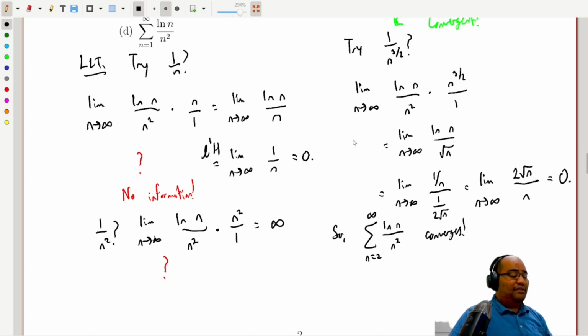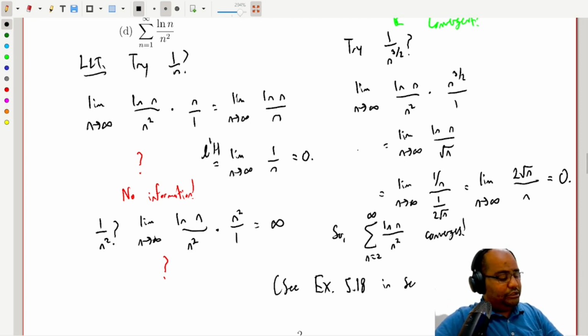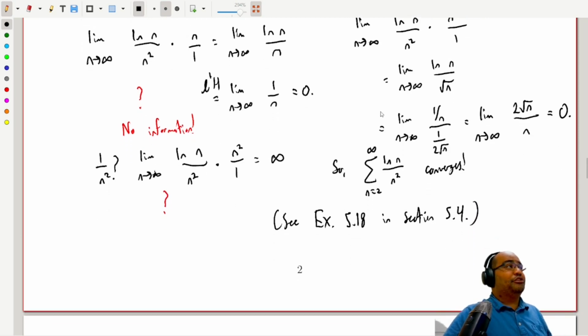This one is actually worked out in the textbook. This is example, let's see, in my notes here, example 5.18 in section 5.4. This is worked out in the text there. They gave a pretty good explanation of this.